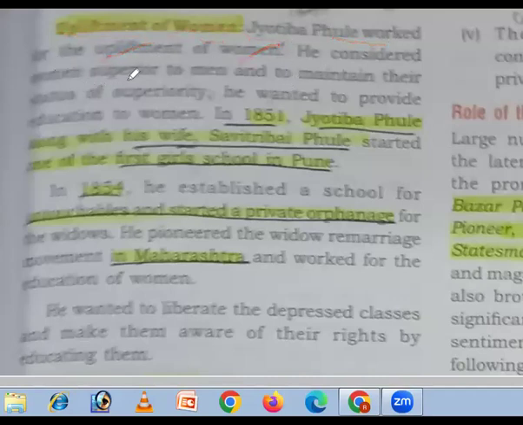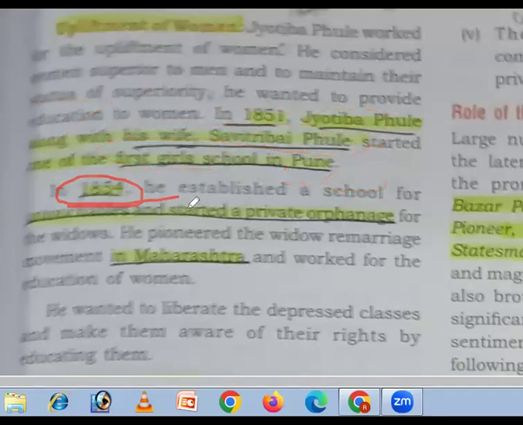He considered women superior to the men and maintained their status of supremacy. He wanted to provide education to the women. In 1851, Jyoti Phule, along with his wife Savitribai Phule, started one of the first girls' schools in Pune.